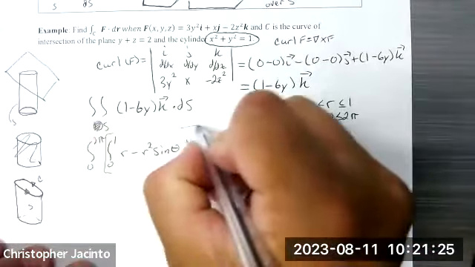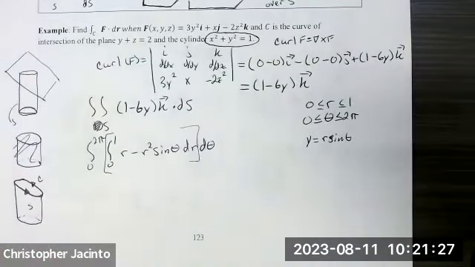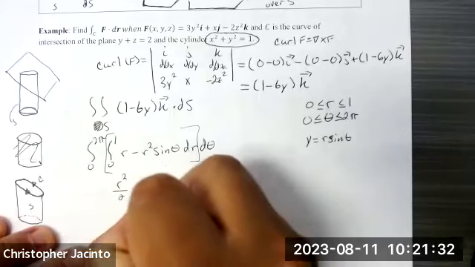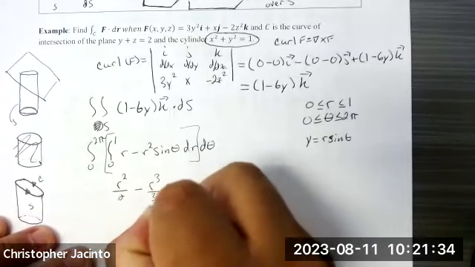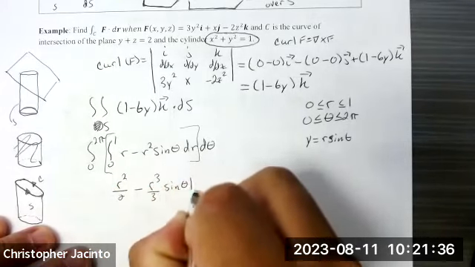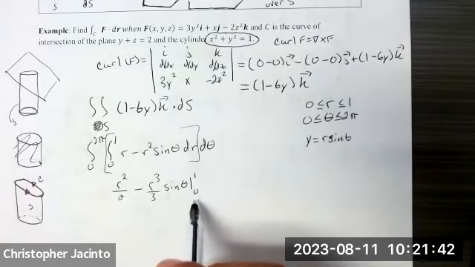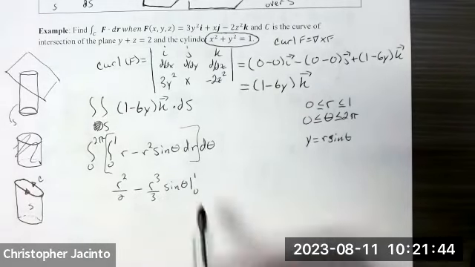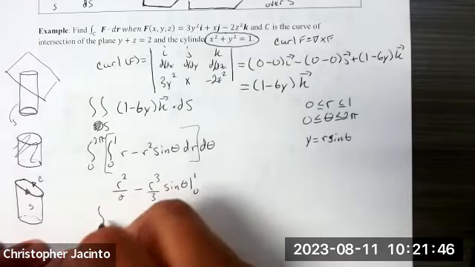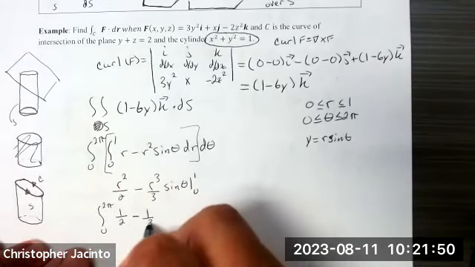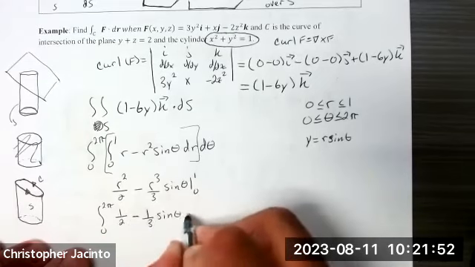Integrating with respect to r gives you r squared over 2 minus r to the third over 3 sine theta, evaluated at 1 and 0. You plug in 0, everything goes away. So this is just going to be the integral from 0 to 2 pi of 1/2 minus 1/3 sine theta.